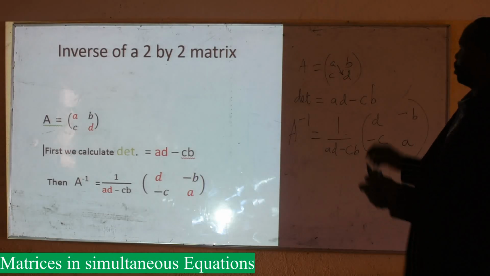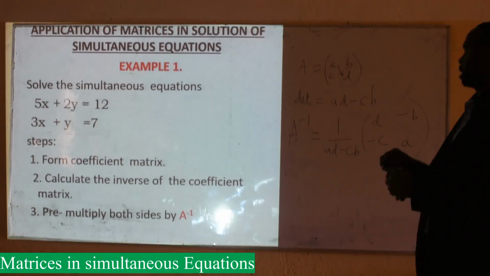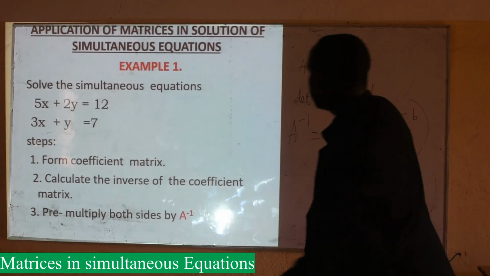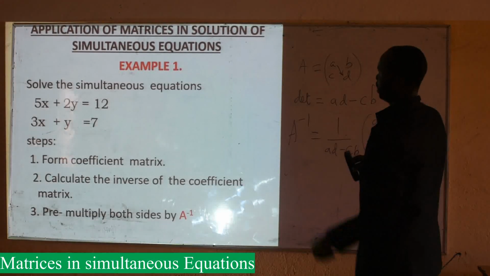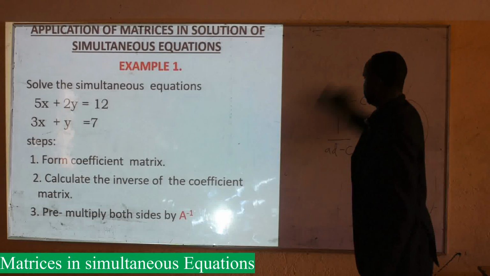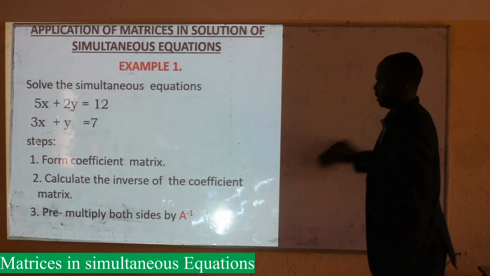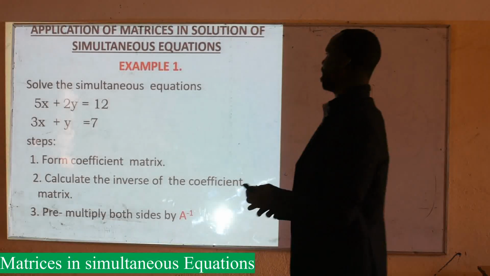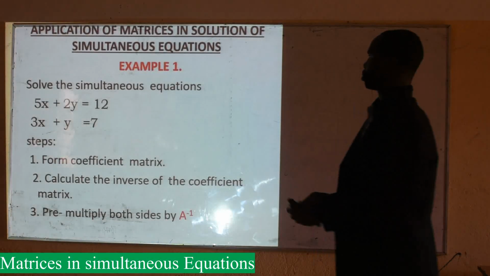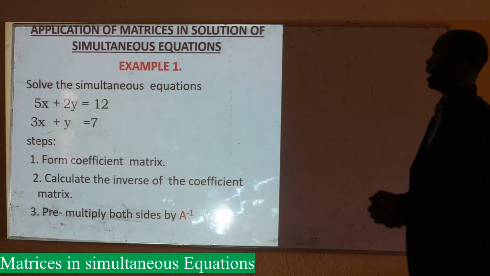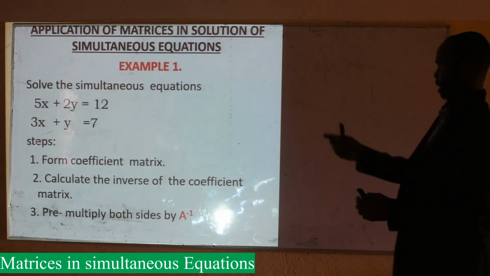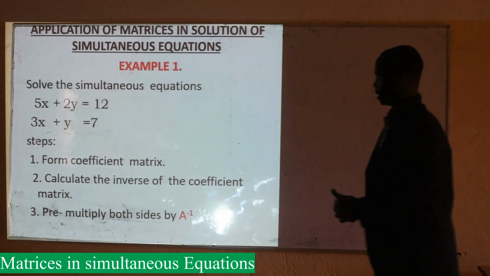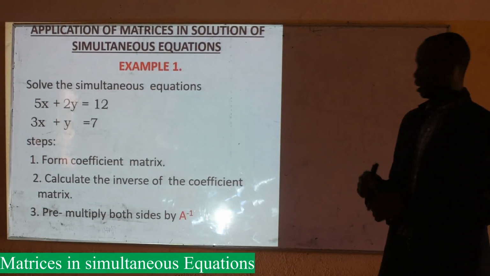So let us use matrix multiplication and the inverse of a 2 by 2 matrix to solve a simultaneous equation that is seen on the screen. The solution of 5x plus 2y equals 12 and 3x plus y equals 7 is easy when you use matrices, and even using elimination.